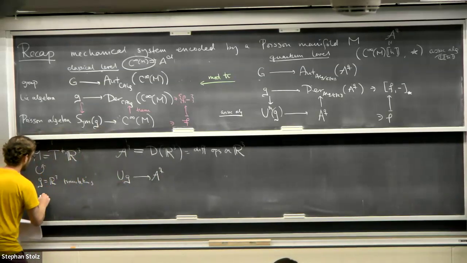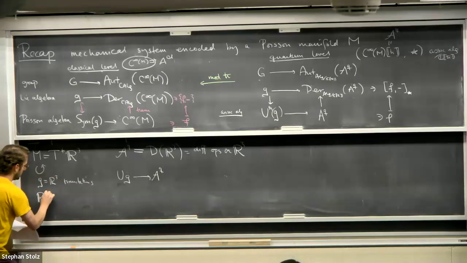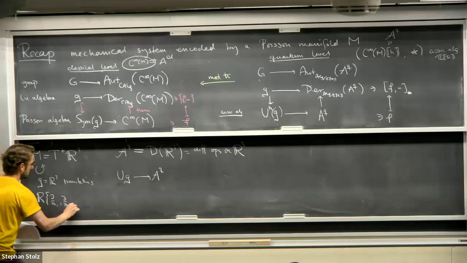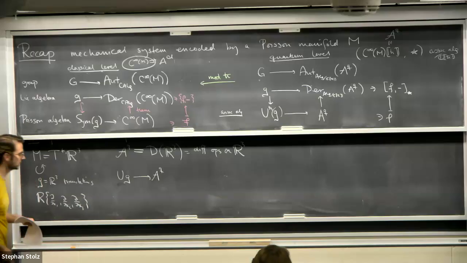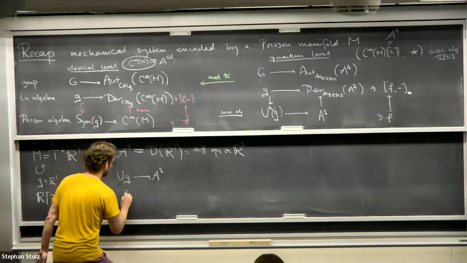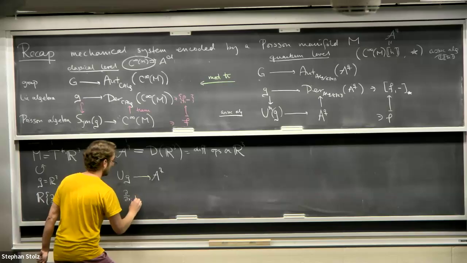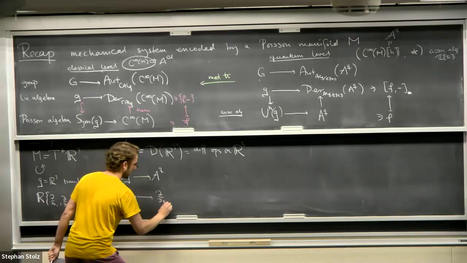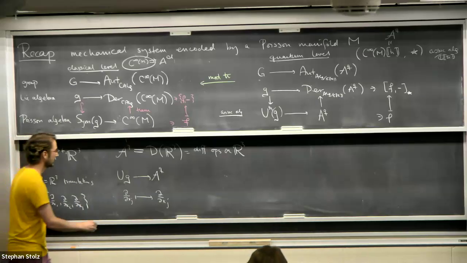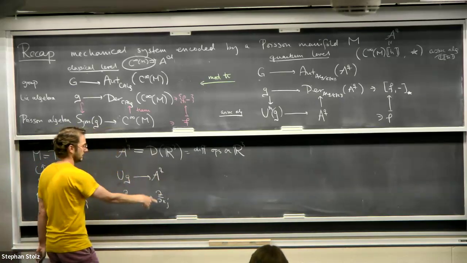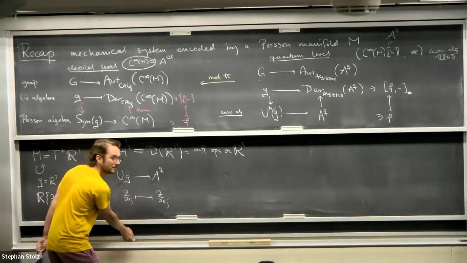Now g here is just generated by d/dx1, d/dx2, and d/dx3, the infinitesimal translations. So I'm just going to tell you where these things go. d/dxj maps to d/dxj. This is my quantum moment map. Okay. These are differential operators, right?